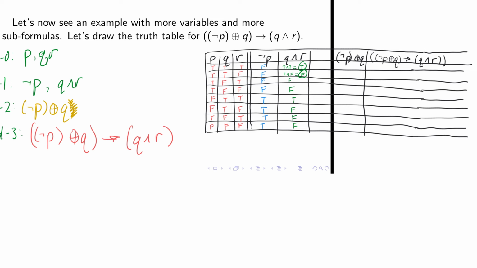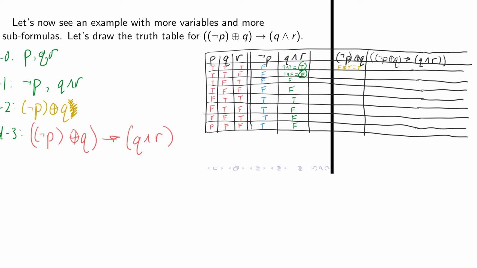Okay, moving over to the order 2 subformula. Because it is order 2, we have to take this one and look its values up in the appropriate column. We take this one, look up its values in the appropriate column. So I am going to take negation P, which has value false, and O plus it. So maybe I'll make a little note, F O plus Q, which is true, and the rule for O plus says that comes out true.